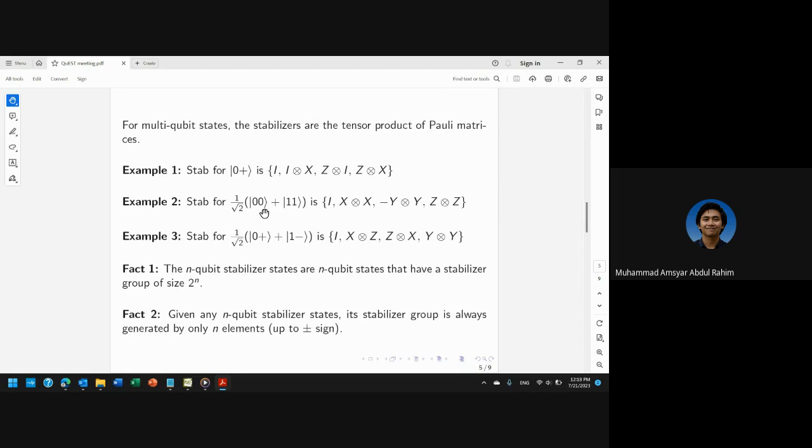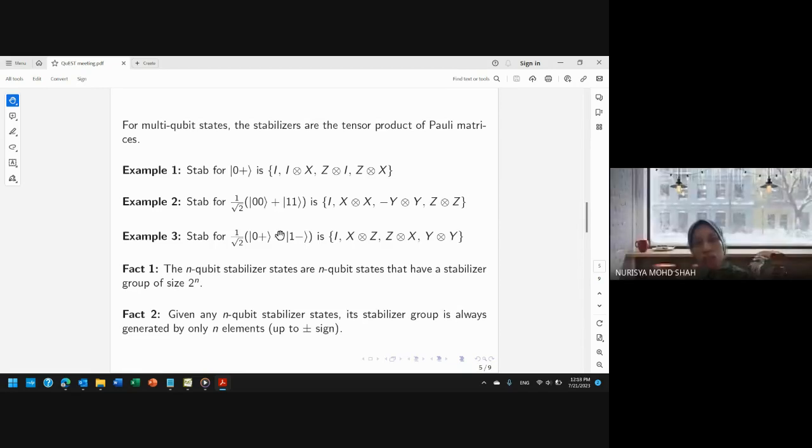So in this case if your n is just 2, 0 0, you have 2 to the power of n, so 4. What is the maximum we are able to simulate? Do you have a maximum n of stabilizer states, n qubits?